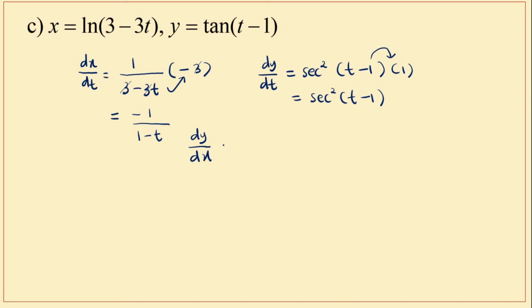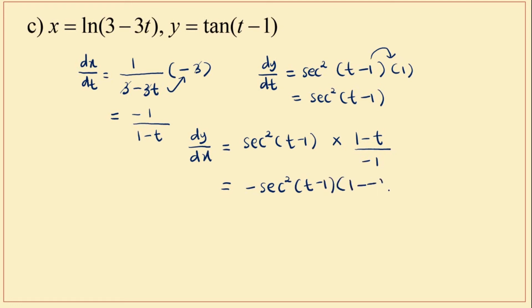So dy over dx would be equal to secant squared of t minus 1 times 1 minus t divided by negative 1. So our final answer is negative secant squared of t minus 1 times 1 minus t, or we can simplify this as secant squared of t minus 1 times t minus 1.